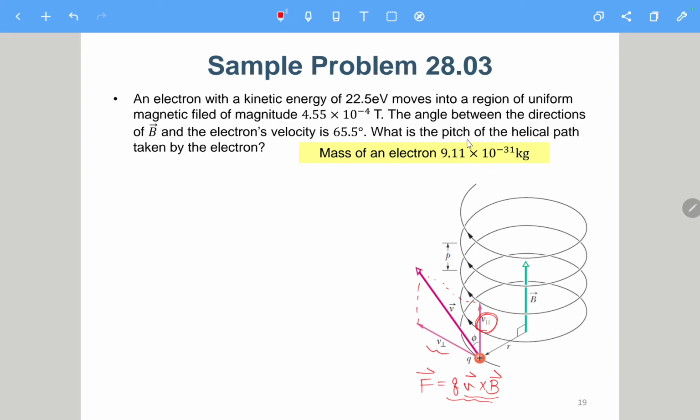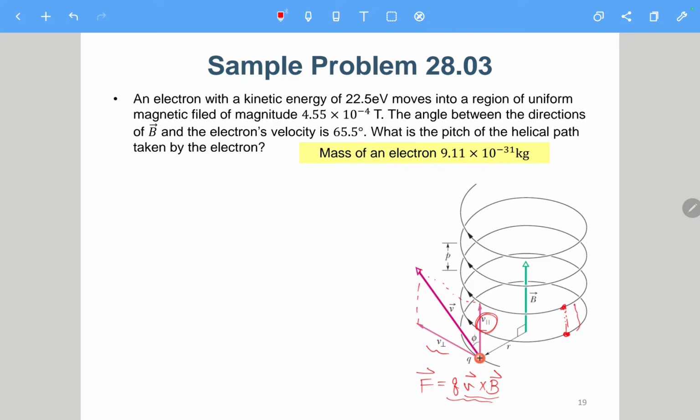The question asks for the pitch of the helix path, which means that suppose we pick a point on the circular motion, and then draw a line parallel with B. It will connect with the next circular path.